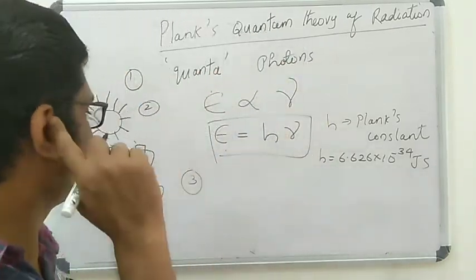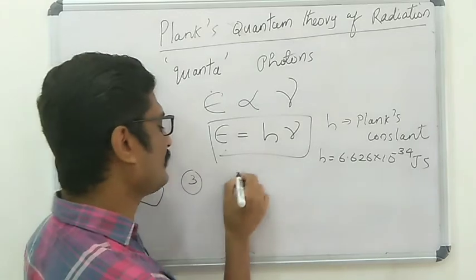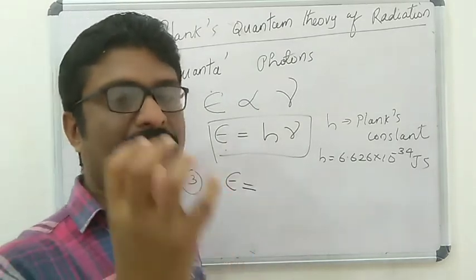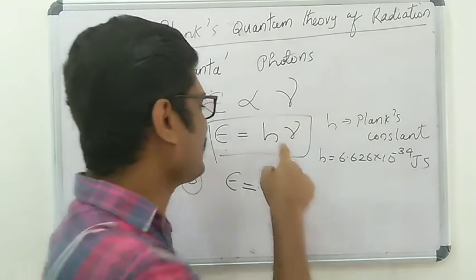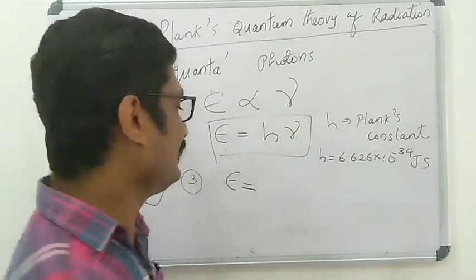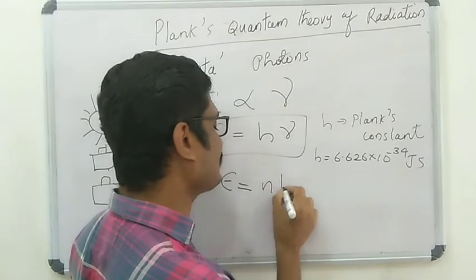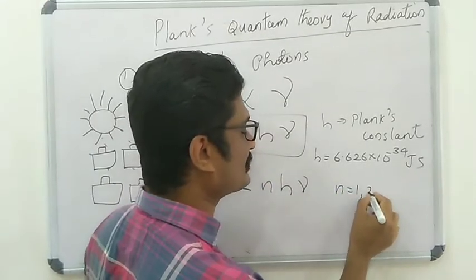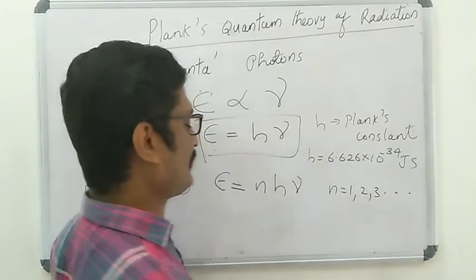That means what? Integral multiple of quantum means what? We know a quantum, energy packet possesses h nu amount of energy. Integral multiple means n h nu. Here n means the integers 1, 2, 3, etc.